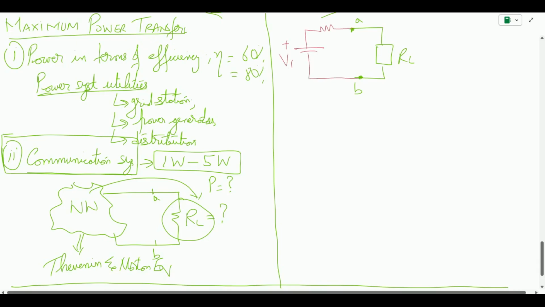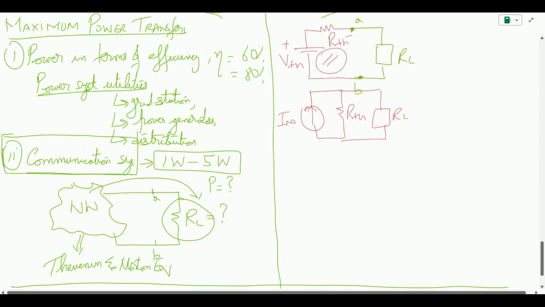So I can find V Thevenin and R Thevenin. I can also find the current in terms of Norton, and the load remains the same, so it can be R Thevenin and I Norton. These are the ways I can figure out what is happening behind the terminals in terms of the Thevenin and Norton equivalent.